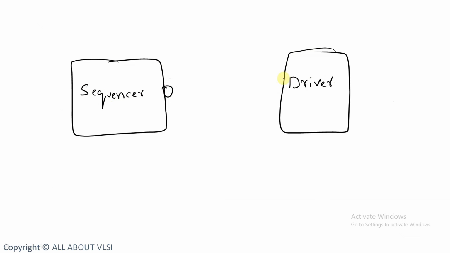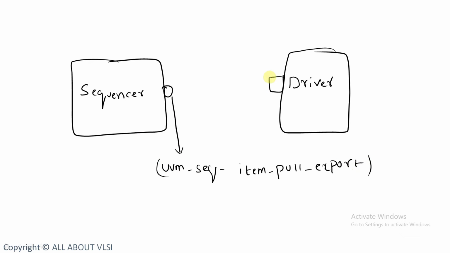The UVM sequencer has a uvm_seq_item_pull_export, which is the sequencer's port, and the driver has a uvm_seq_item_pull_port, which is the driver's port. These are connected with each other.